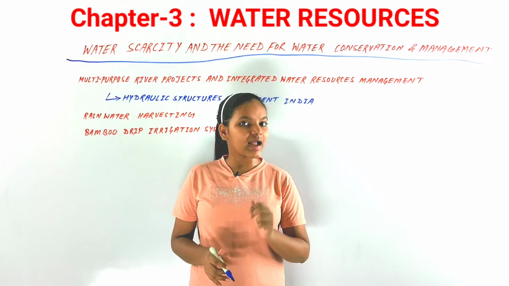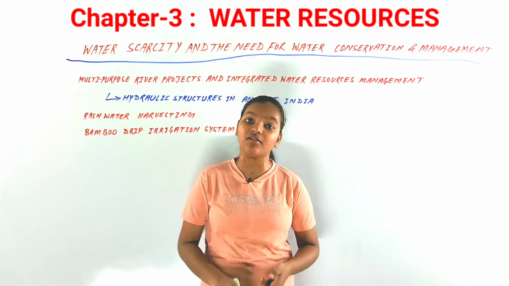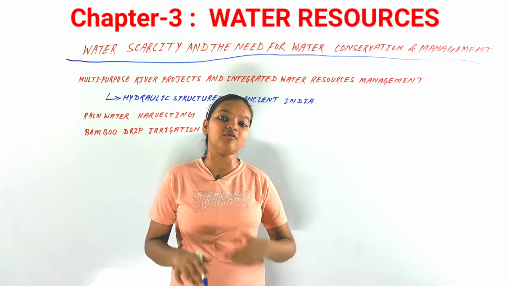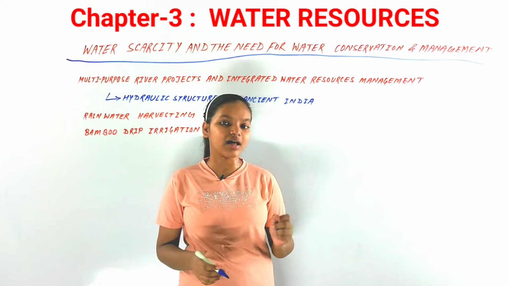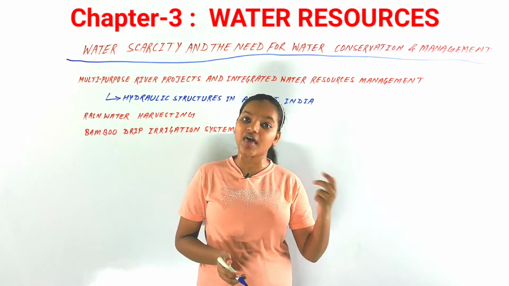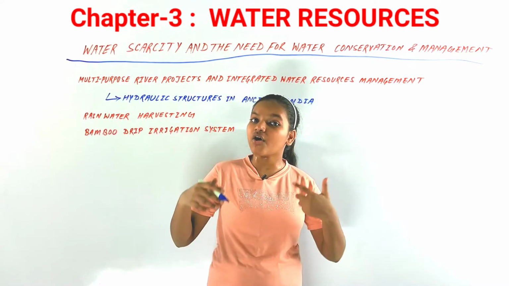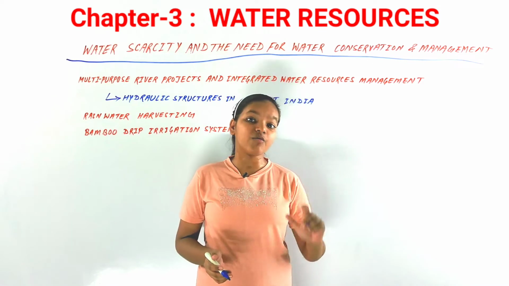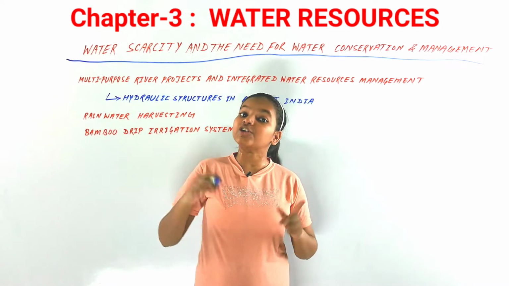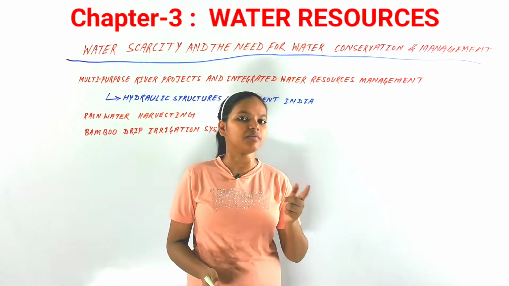So if we have the hydrological cycle, and if water is a renewable resource, then why do we see in the news that many regions and cities are facing water scarcity, lacking water facilities, and not getting as much water as should be there for the survival of the population?